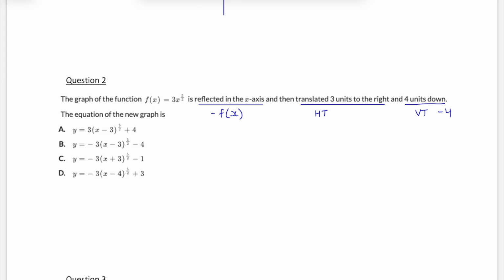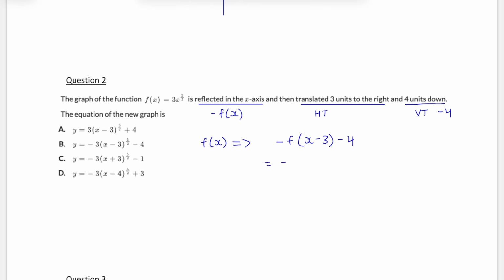So I'm going to start by capturing all of this in function notation. Here I'll have minus f. Now instead of x, it's been translated 3 units to the right, so it'll be x minus 3. And then 4 units down. So now I'm going to replace the x in my function with x minus 3.